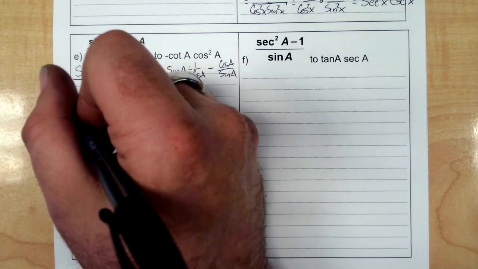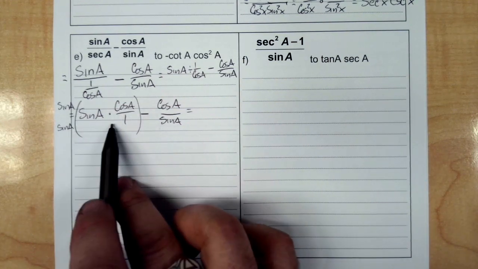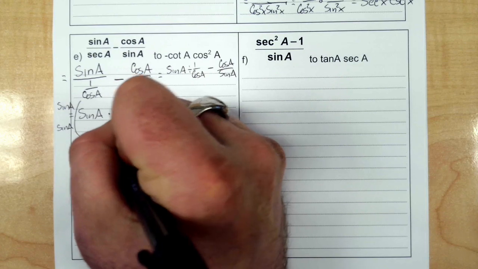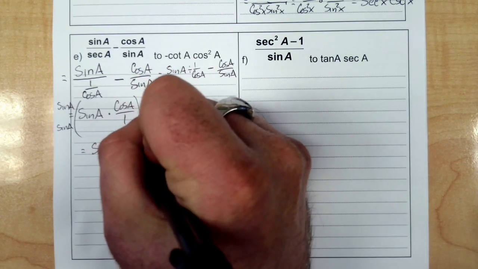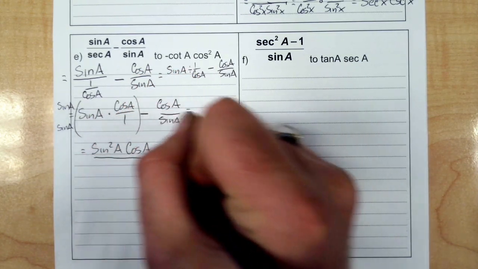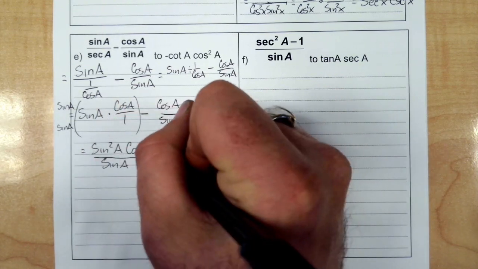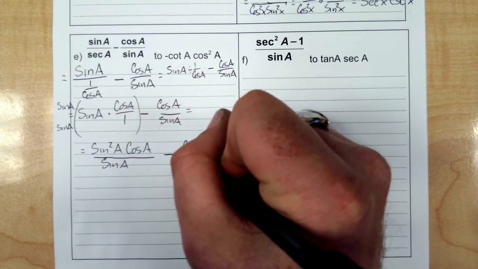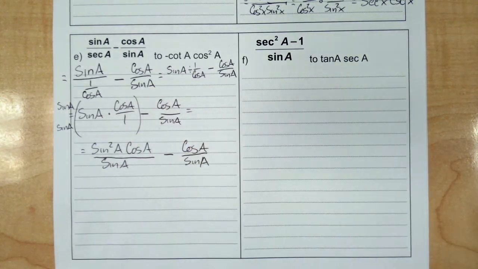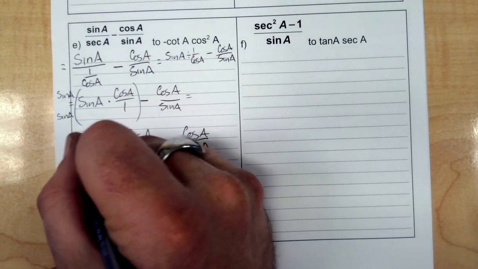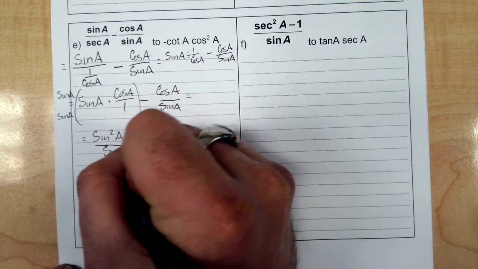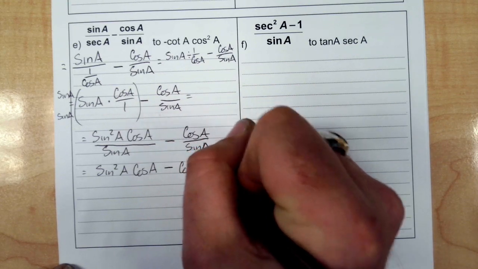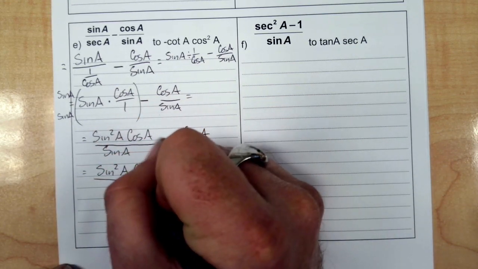So sine times sine is going to be the sine squared of A, and then it's still times the cosine of A, but now it's all over the regular sine of A, so that we have the same denominator as the cosine of A over the sine of A. Since those are the same denominator, now I can make this into the sine squared of A times the cosine of A minus the cosine of A, and all of that is over the sine of A.